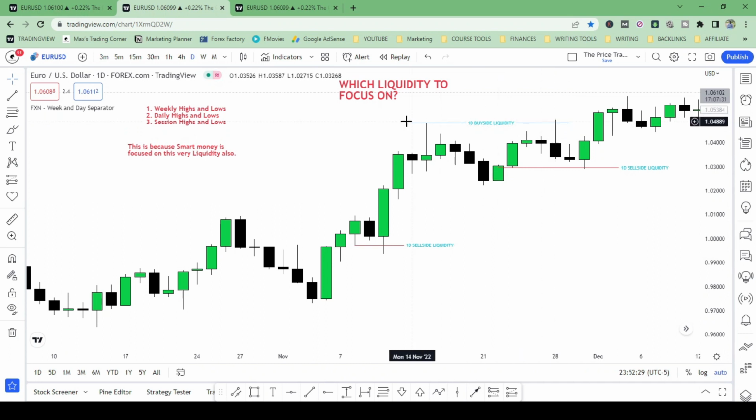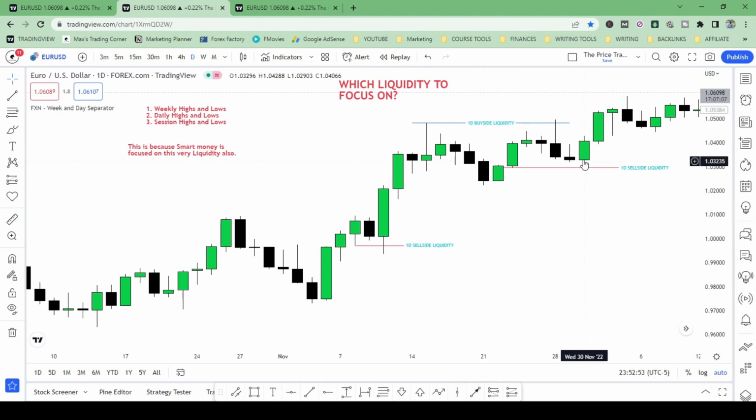After taking those buy side liquidities, it drove lower into this imbalance, and we also have a bullish order block right there. So you have to couple your liquidity with a significant level in the market, not just looking at liquidities alone.